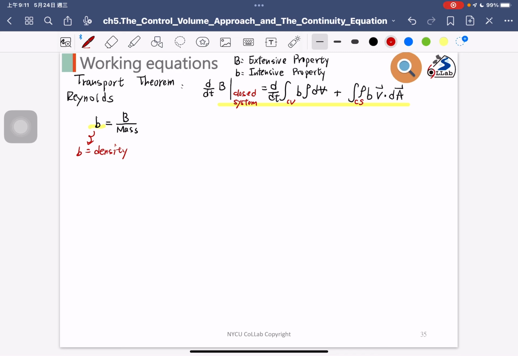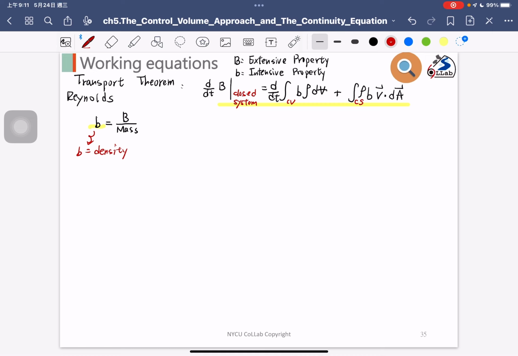Why do we call density an intensive property? Because the density does not change when the mass changes. So if a property does not change when the mass changes, we call it an intensive property.